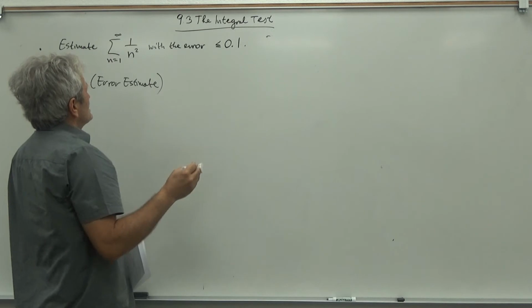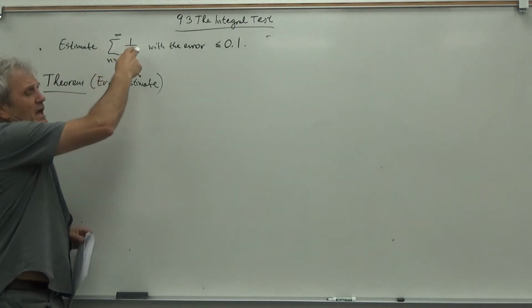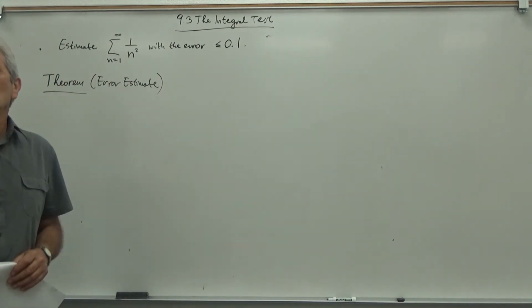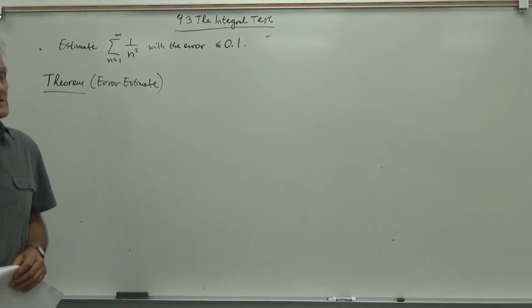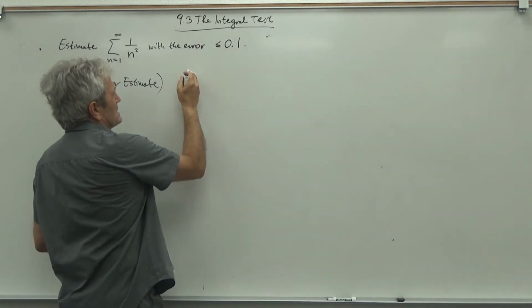So what do we mean here with the error estimate? I would like to just add a few members and then cut it off somewhere. So the error estimate will say the following.